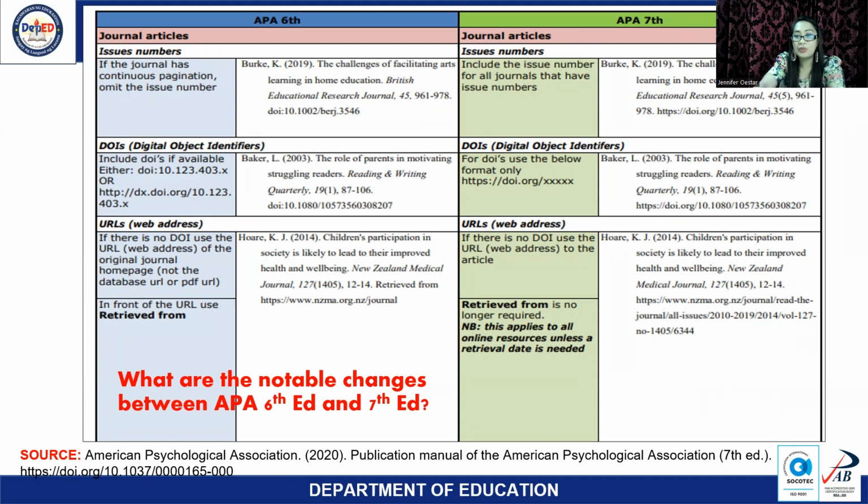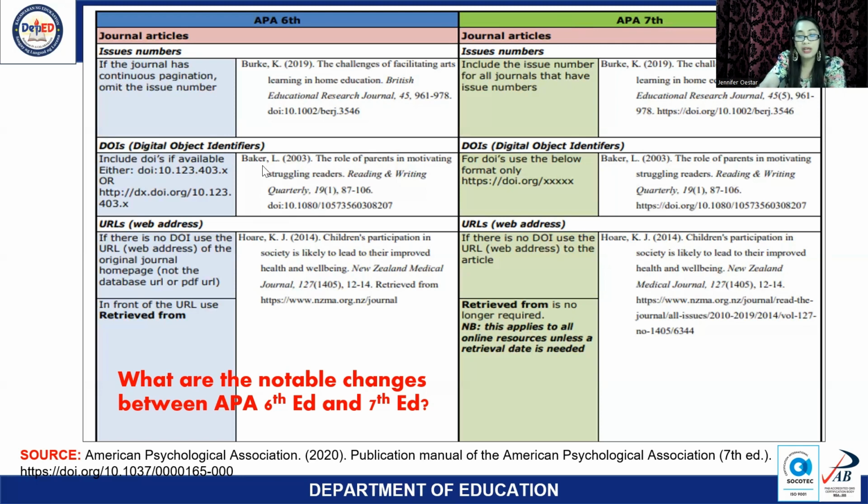In the seventh edition, we should include the issue number for all journals that have issue numbers. See the difference. In the sixth edition, we only have the volume 45, but in the seventh edition, we included in the parentheses, volume 45, issue number 5. That's the difference. We are including already the issue number.